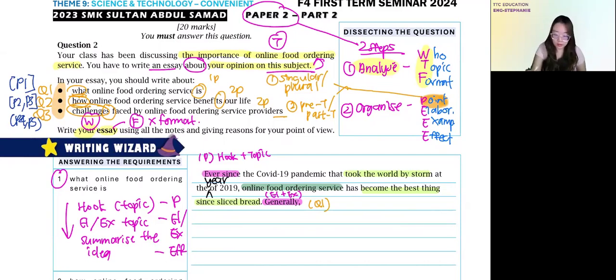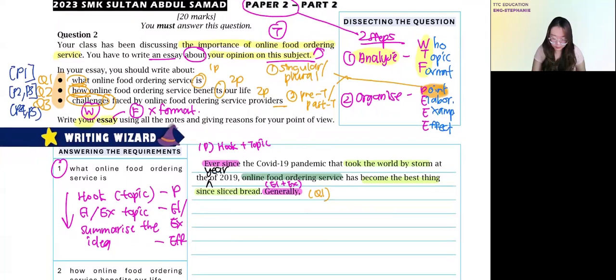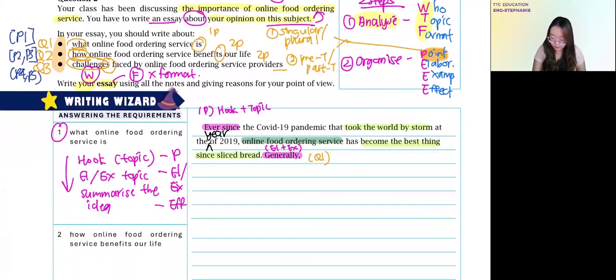Okay, so now let's dive right into the writing. Generally, write it down: online food ordering service.